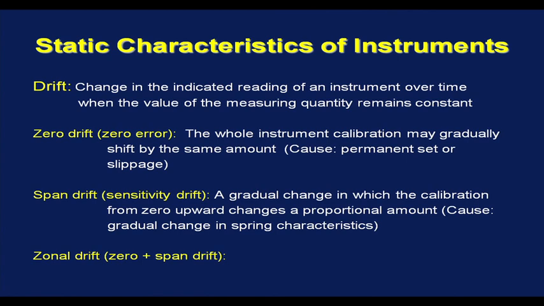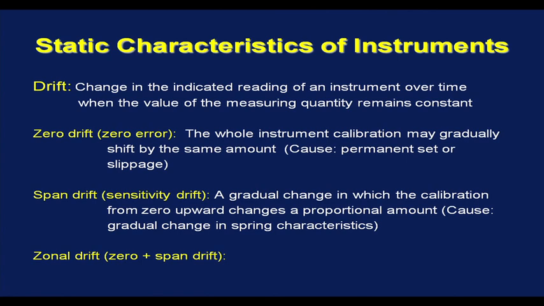The drift can be classified as zero drift or zero error, span drift or sensitivity drift, and finally zonal drift, which is a combination of zero and span drift.